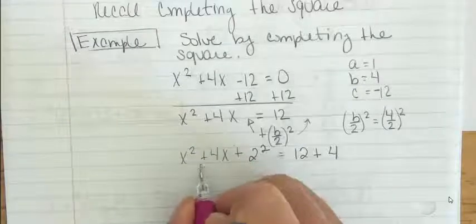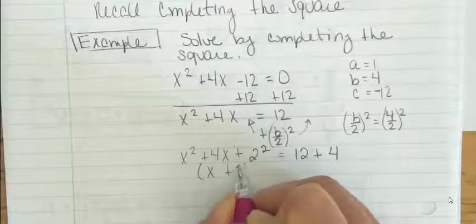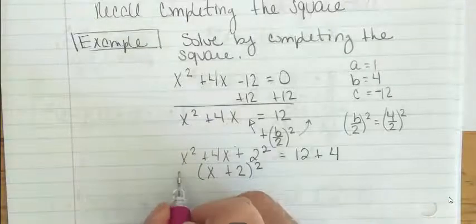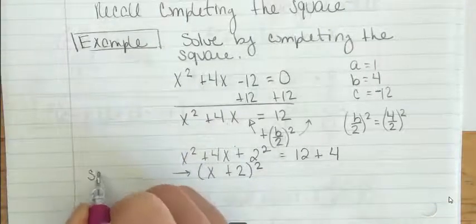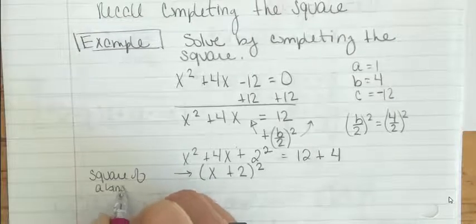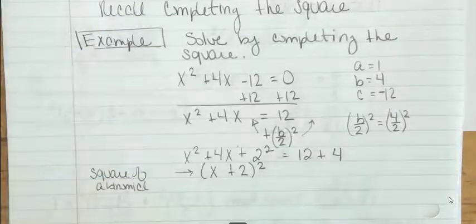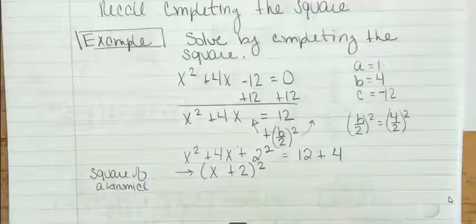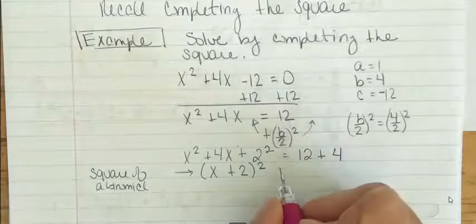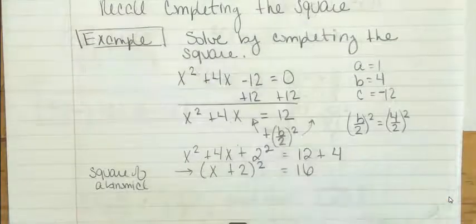So this basically is the same thing as x plus 2 squared. So this is the same now. We are writing it as the square of a binomial. And if that vocabulary is hazy for you, you don't remember it, then go back and look at your factoring friends. Okay. And over on this side, I got 16.